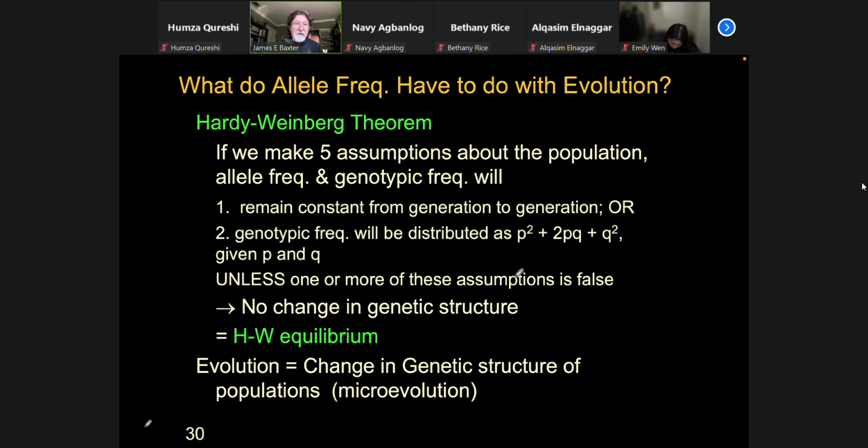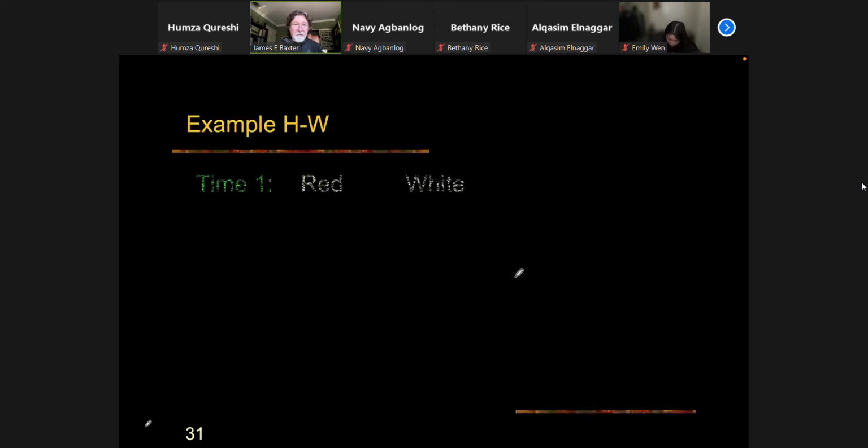So I'm going to go into these 5 assumptions. But first, let me give some examples of how this can be used to measure whether or not the population is in Hardy-Weinberg equilibrium or is undergoing evolutionary change. Let's say that we compare the same population at 2 different times, separated by several generations. So we come out to our flower population this year and determine how many red and white flowers there are, and I'm going to use the same data that I gave here.